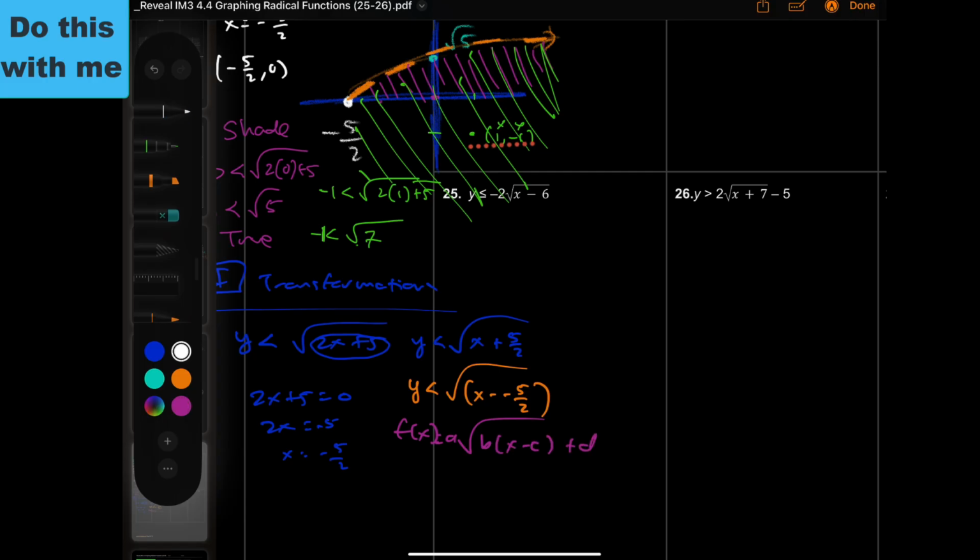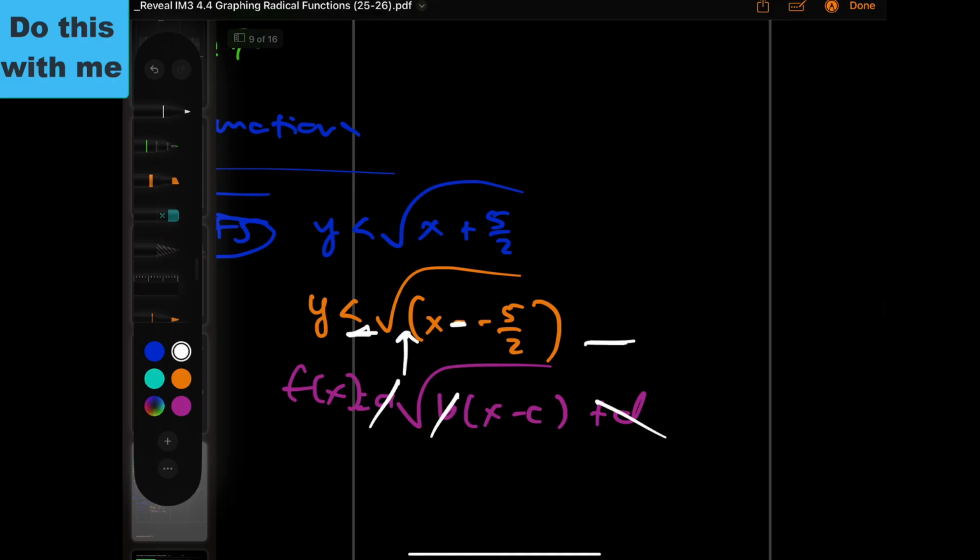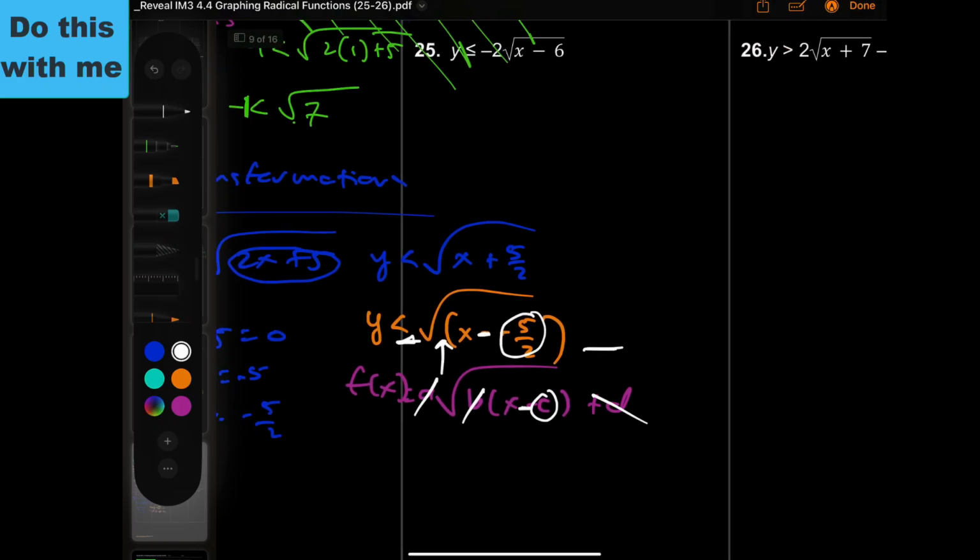There's no a, there's nothing in front of the radical, there's no b, there's nothing outside to the right, so there's no d. So it's just a c value. Now pay attention. That means your c value is 5/2.